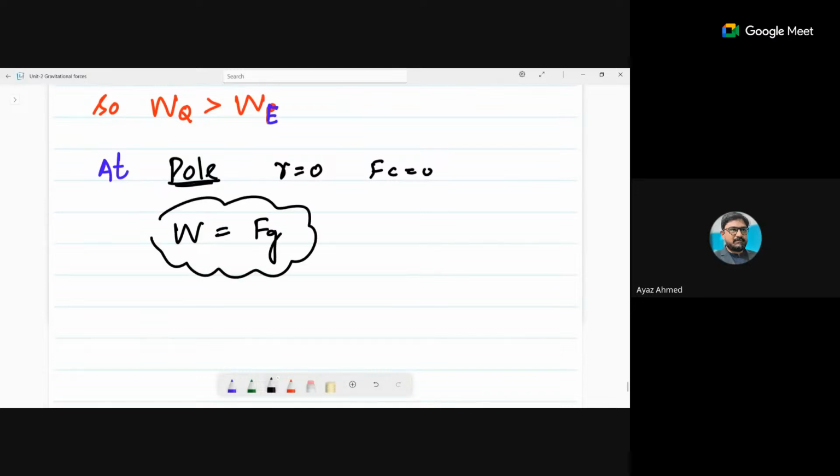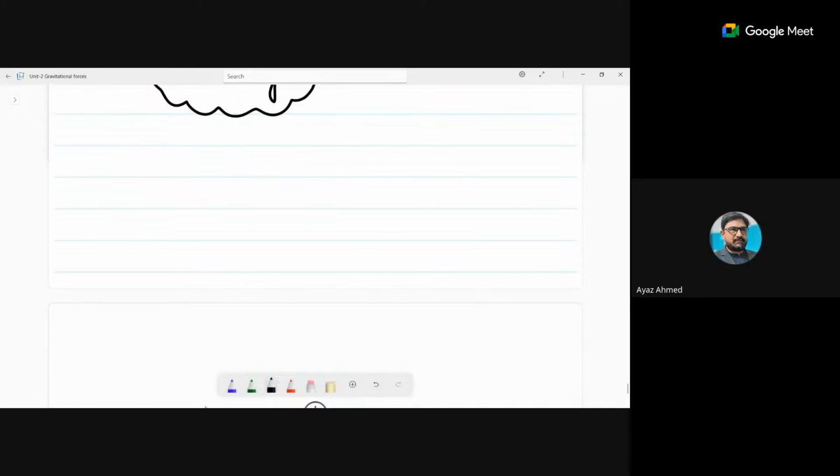So what I mean is, logically we can say that a body revolving at the pole and stationary at the equator have the same weight.